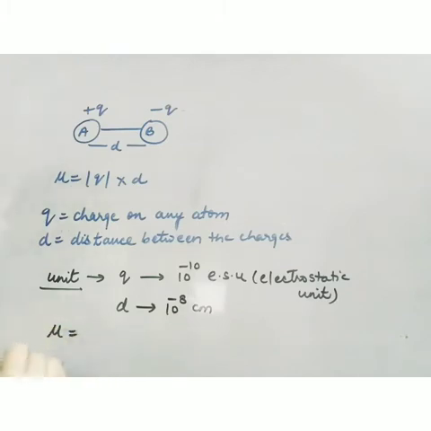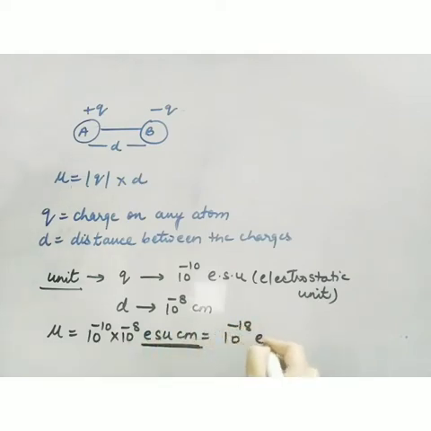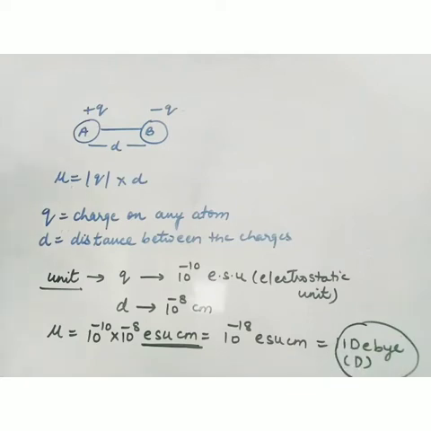So dipole moment will be 10 to the power minus 10 into 10 to the power minus 8 ESU centimeter. So it is 10 to the power minus 18 ESU centimeter, and this is equal to 1 debye, capital D. So basically the unit of dipole moment is the debye, that is D.